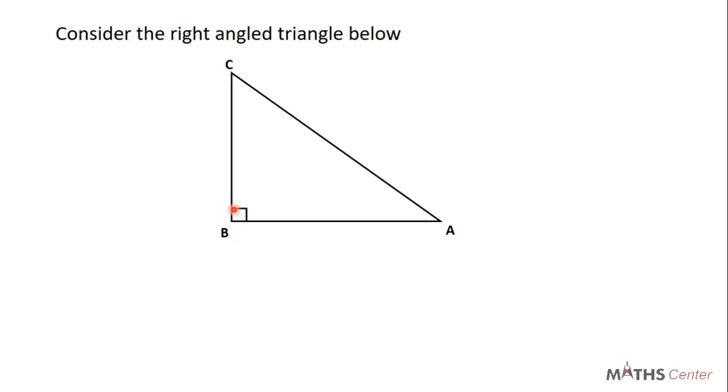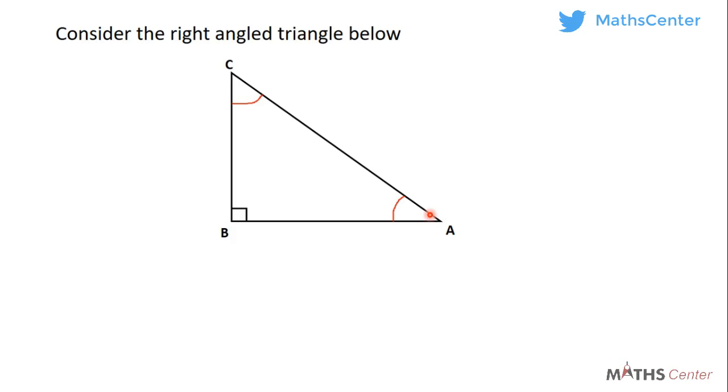Now you see that if this angle here is 90 degrees, these two angles here, I mean the angle at point C and the angle at point A, these two angles will be acute angles. In the video on angles, we learned that acute angles are angles that are less than 90 degrees.